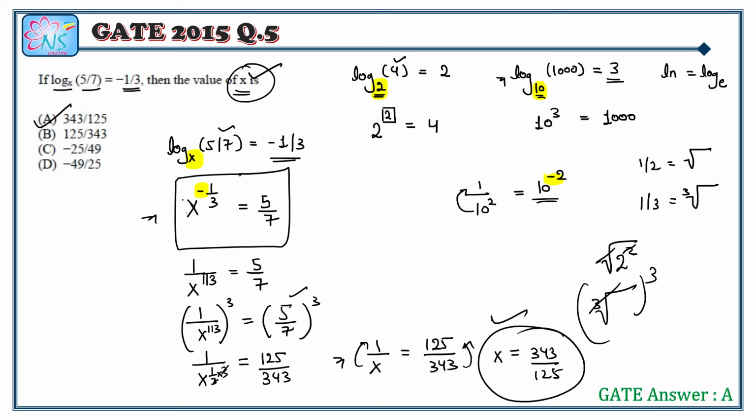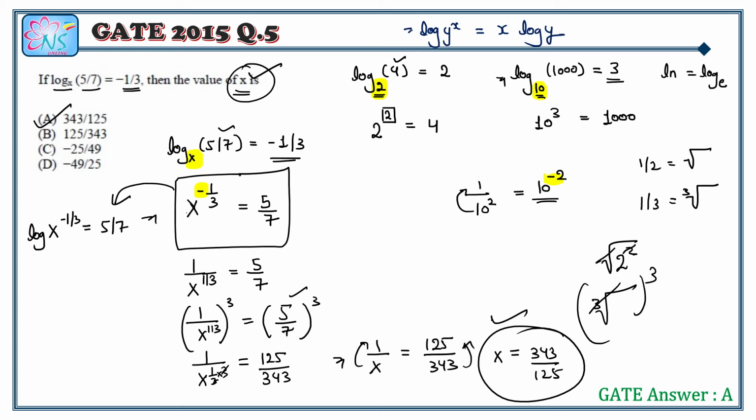Okay, we can solve this by another method, by using log. If we take log on both sides, log of x to the power minus 1 by 3 equals log of 5 by 7. There is one property of log which states that log of y to the power x can be written as x log y.